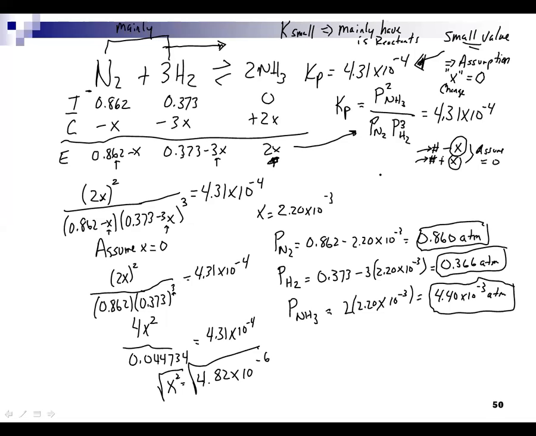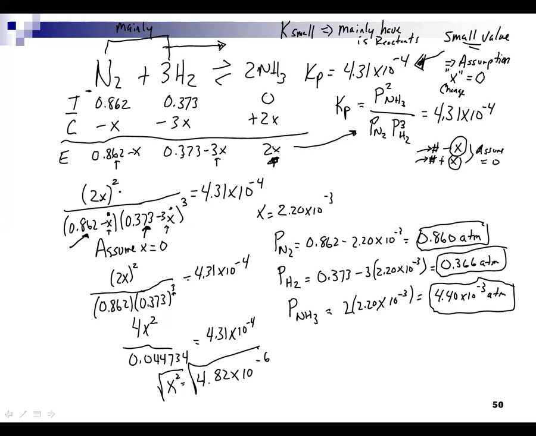In successive approximation, what you essentially do is when you get to this step over here, you know for sure, for example, that x has to be less than 0.862, and you pick a number. Say you pick a number that's less than 0.862, it also obviously has to be less than 0.373 when it's all said and done. So you would pick a value for x and put it into this guy and this guy.